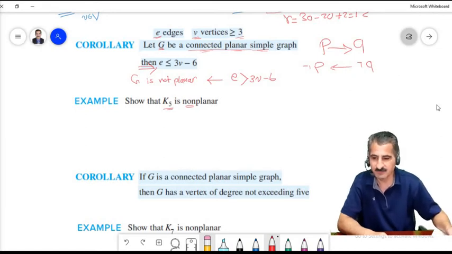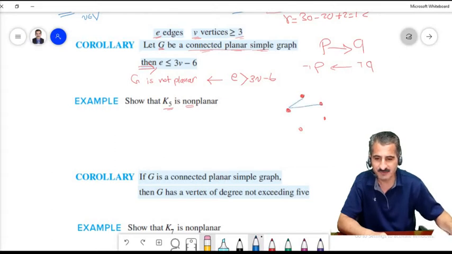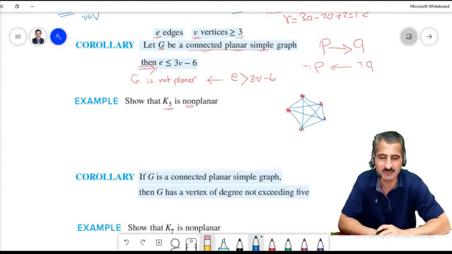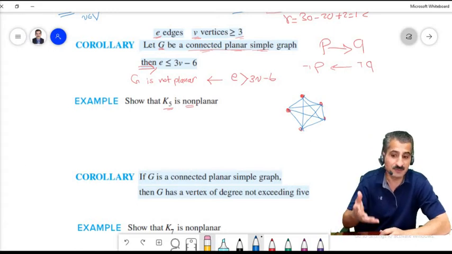So to recall that, we have K5, that means we have 5 vertices, 1, 2, 3, 4, 5. Every one of them is connected to the other. Every vertex is connected to every other vertex.